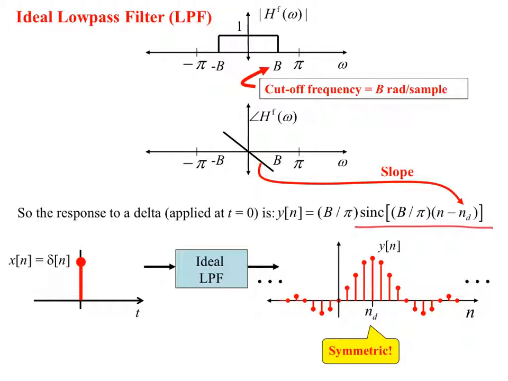We can select an n sub d so that the center of this impulse response is shifted out some amount, and we also note that this n sub d is the center of symmetry, and we have the positive type symmetry. So we have that those two are equal to each other, those two are equal, and so on.